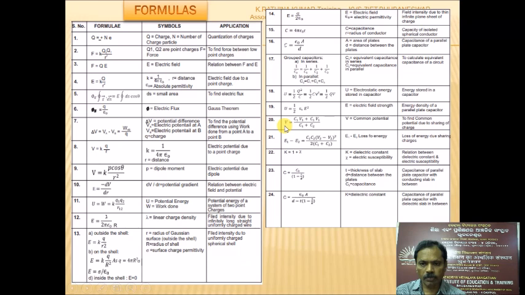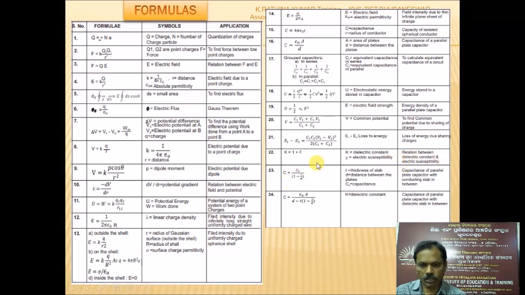The potential in combination of series and parallel. Potential due to shared charge, and loss of energy due to sharing charge, E1 minus E2, is equal to C1 C2 into (V1 minus V2) the whole square, divided by 2 into (C1 plus C2). When K is equal to 1 plus chi, K is the dielectric constant and chi is the electric susceptibility, the relation between the dielectric constant and the electric susceptibility.